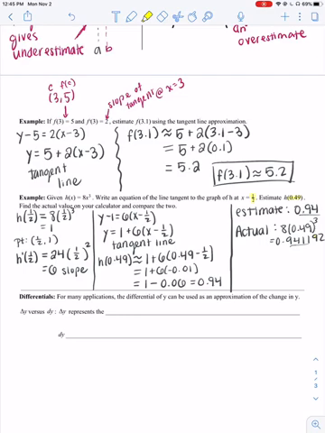And so now we're going to talk about differentials. Differentials are just another way to approximate your change in y. So let's just do some examples and then you'll see.